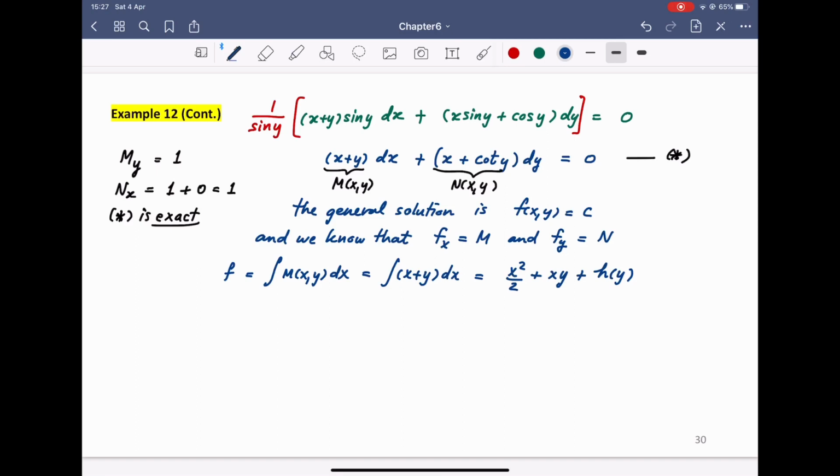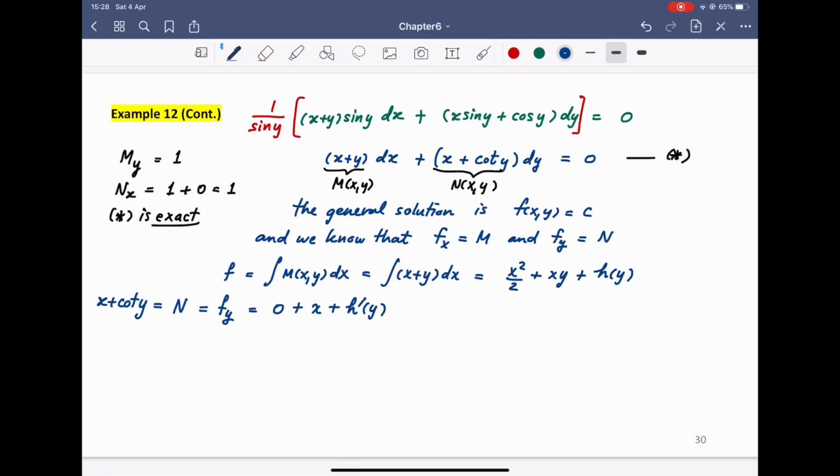And then after that, you have to check that when you differentiate f with respect to y, it should go back to N. So that function f here, we're going to differentiate with respect to y, so that will give me 0 plus x, right? Because differentiating xy with respect to y, you get x, and plus h prime y. All right, and my function N is x plus cotangent of y.